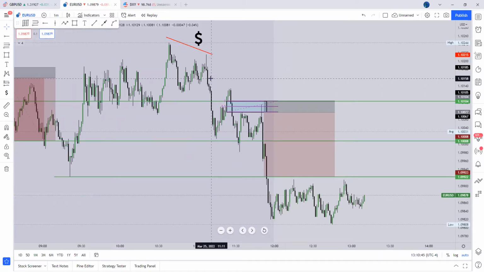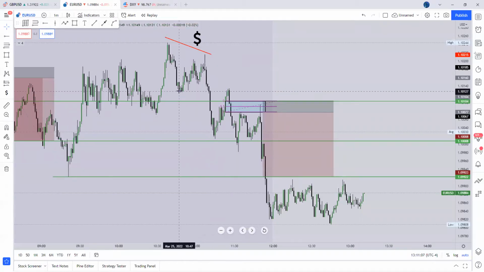Probably we can consider it as a void. Right. So to me, I don't consider it an imbalance. I don't even use the word imbalance. I use a fair value gap, because it has structure behind it. I don't particularly like this candle as a fair value gap, and also because it's a move that broke structure and price retraced back into previous structure.